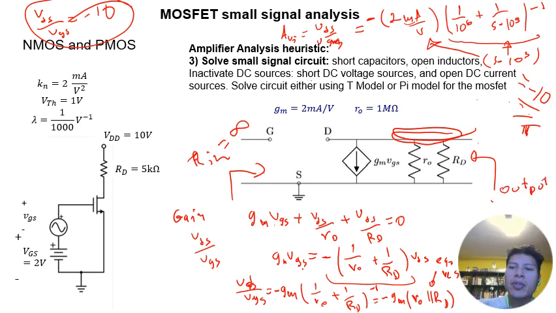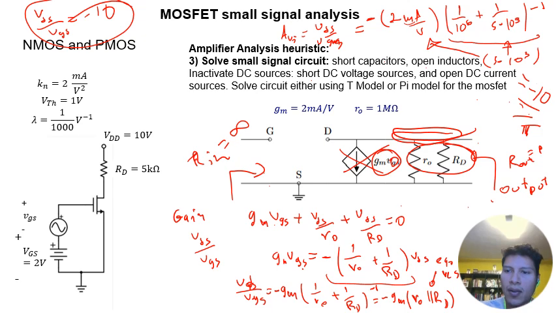And remember that when you find resistances looking into an output terminal, you deactivate all other sources. So in this particular case, you would assume that VGS equals 0, so that you can neglect this, and it turns out that the output resistance is RO in parallel with RD. So Rout is RO in parallel to capital RD.